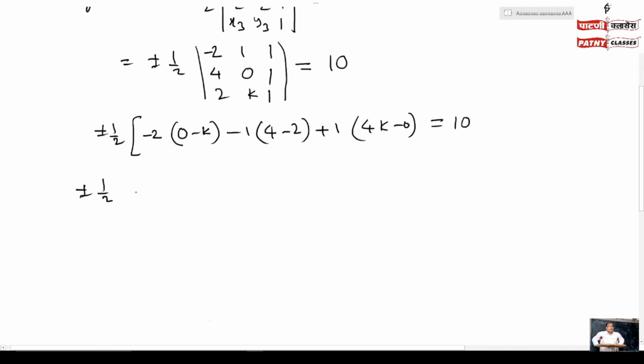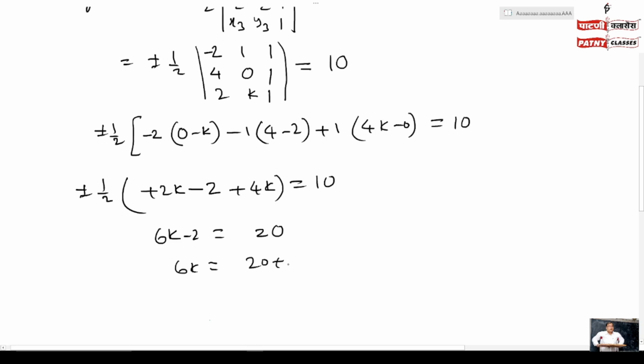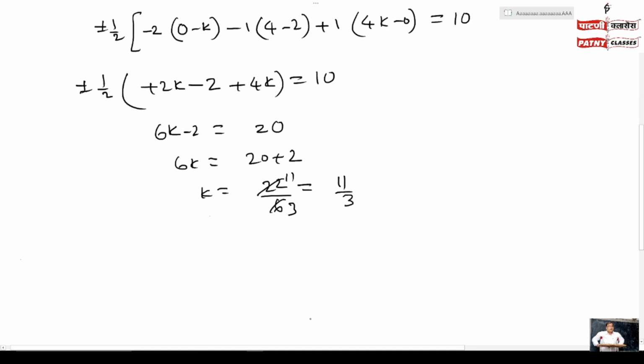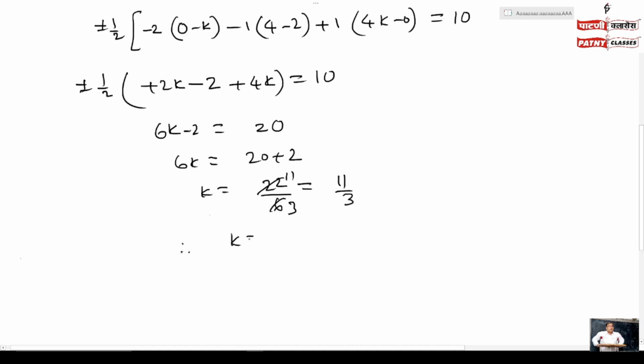Plus or minus half into 2K minus 2 plus 4K equals 10. 6K minus 2 equals 20, 6K equals 20 plus 2, K equals 22 upon 6, cutting by 2, so 11 by 3. Therefore K equals 11 by 3. This is the required answer.